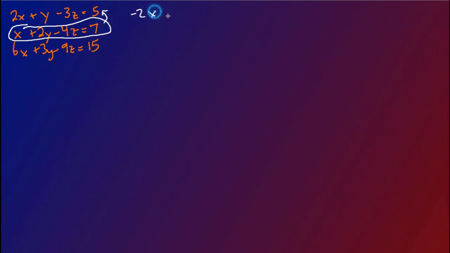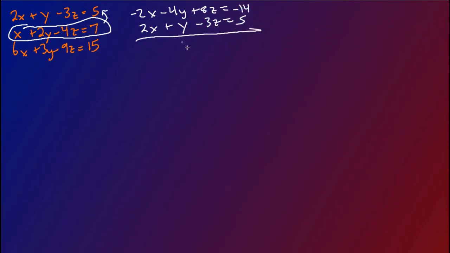So get -2x minus 4y plus 8z equals -14. Go ahead and pair that off. And add down, and I get -3y plus 5z equals -9. Don't lose that negative.